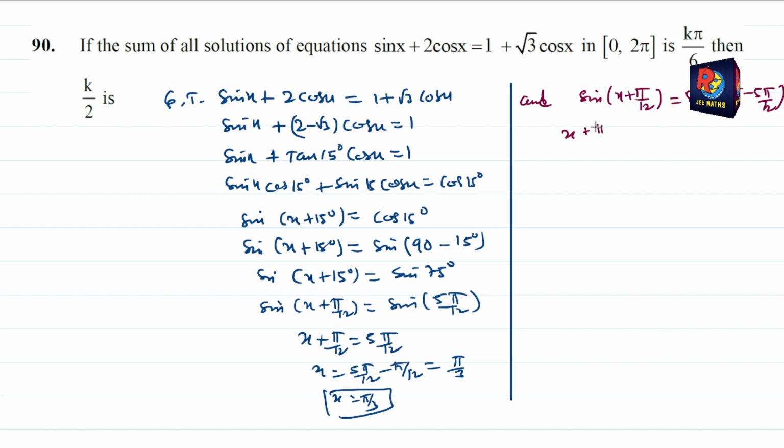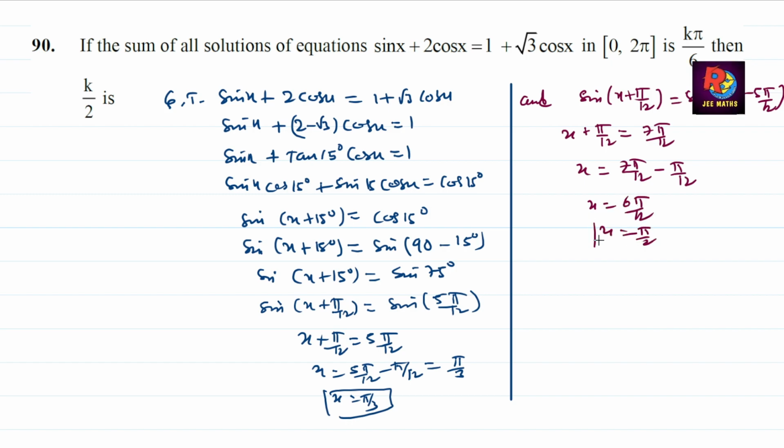So x plus π by 12 equals 7π by 12. So x equals 7π by 12 minus π by 12. So x equals 6π by 12. So x equals π by 2.